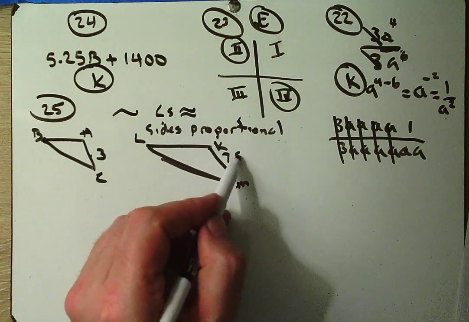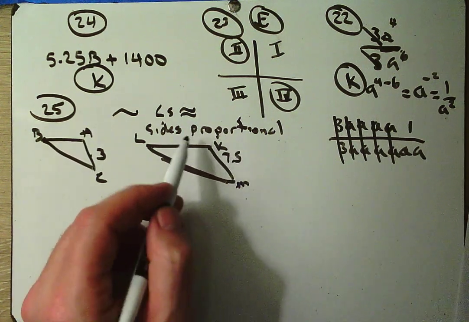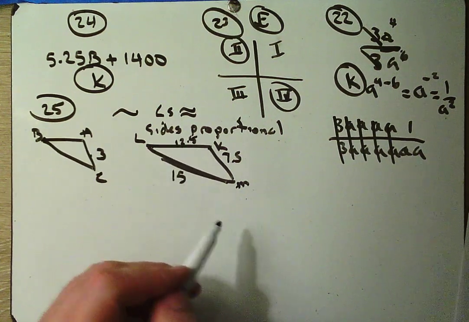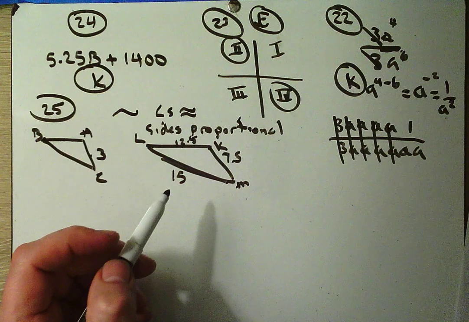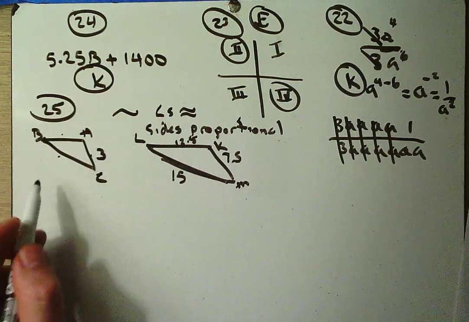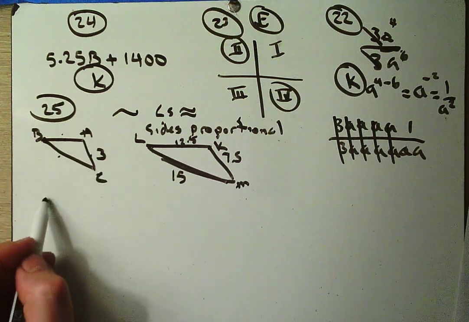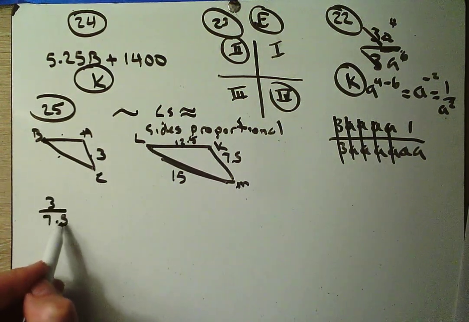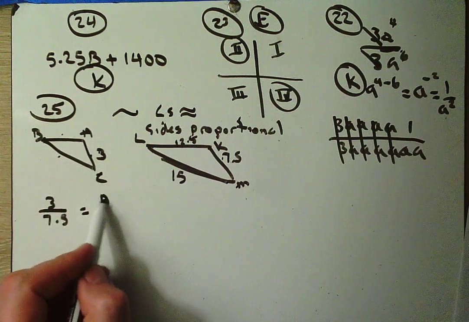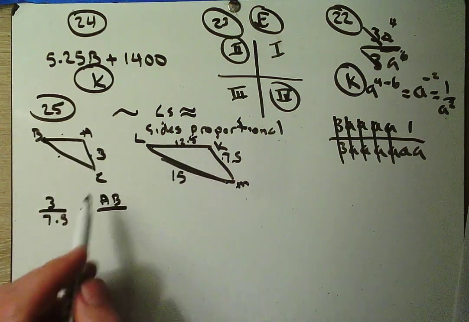So if this is 7.5, and this is 12.5, and this is 15, I can find these missing sides by using proportions. So, for example, 3 is to 7.5, this side is to this side, as AB is to 12.5.